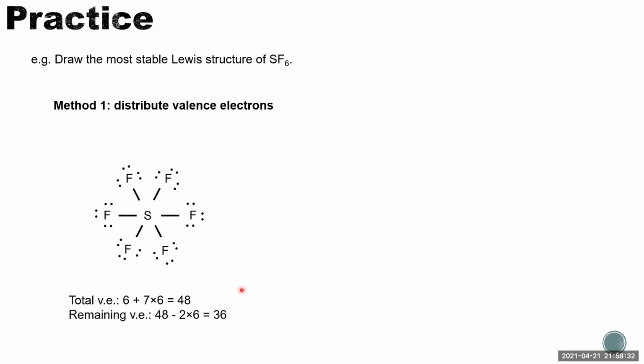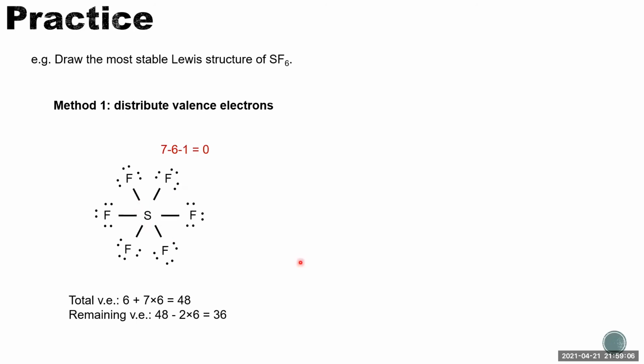Okay, so now we have the structure. Sulfur is a non-metal in the 3rd period, so it can have this structure, and it follows the expanded octet rule. Let's finally check if this structure is stable by using formal charge. For any of the fluorines here, the formal charge is 7, the original valence electrons, minus 6 dots and minus 1 bond, which equals 0.